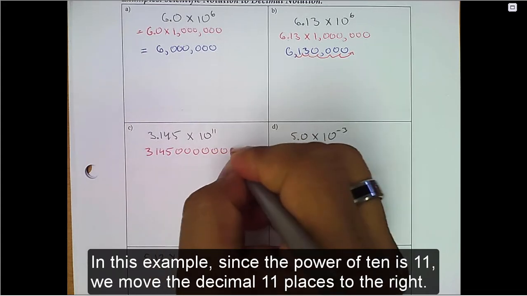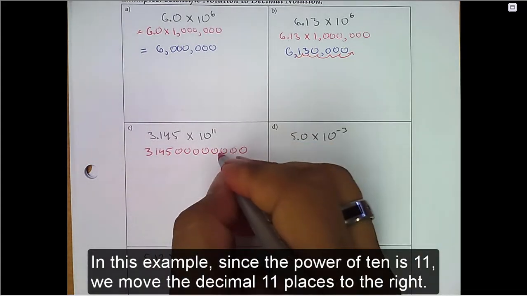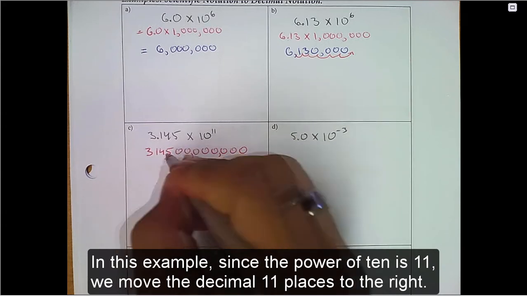In this example, since the power of 10 is 11, we move the decimal 11 places to the right.